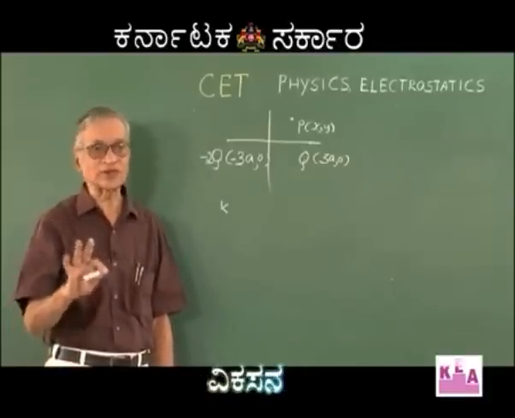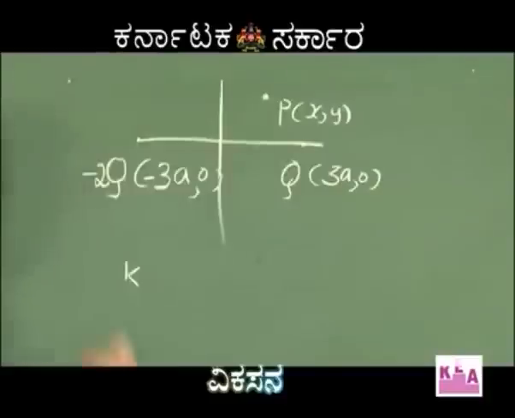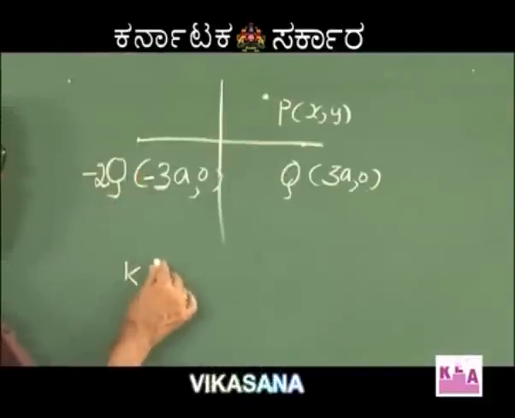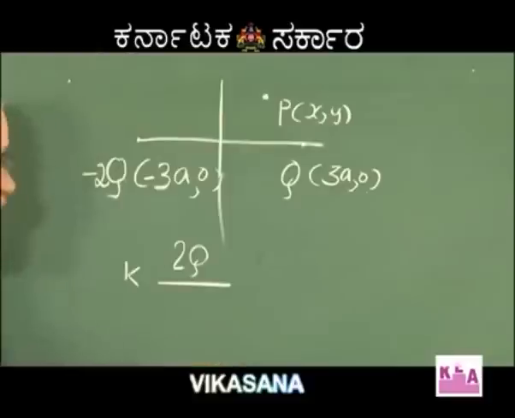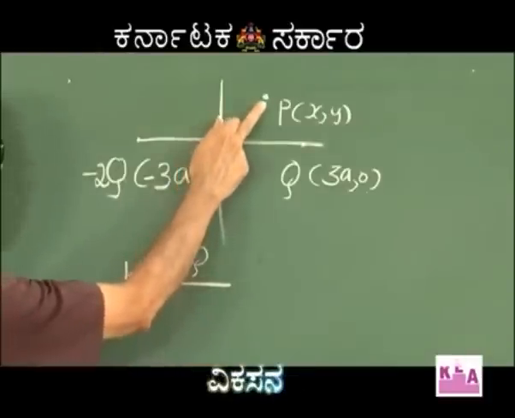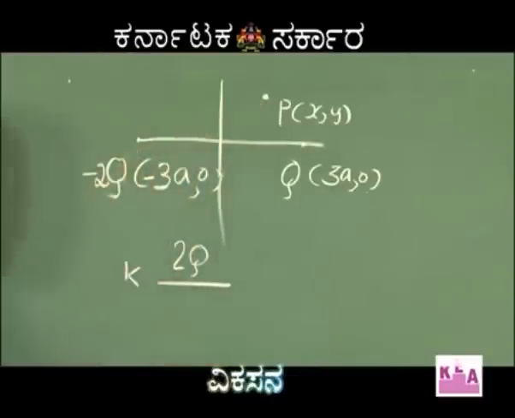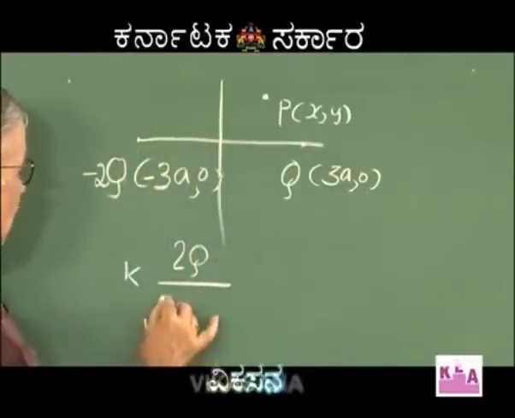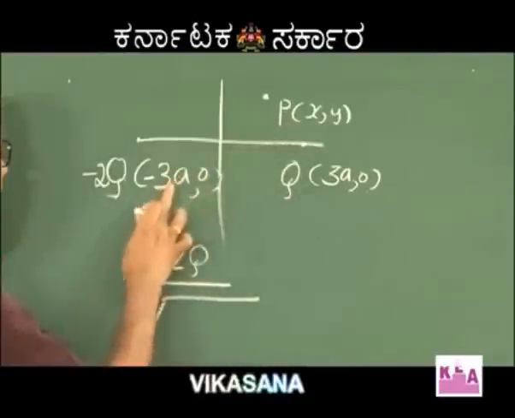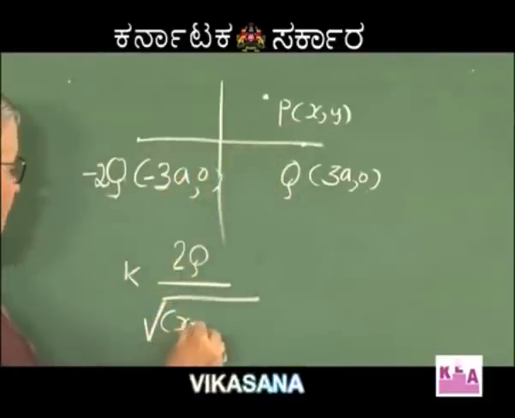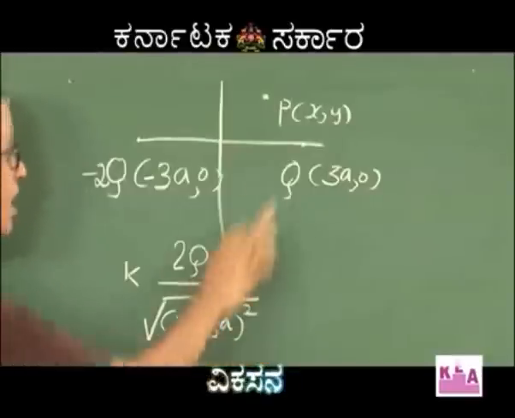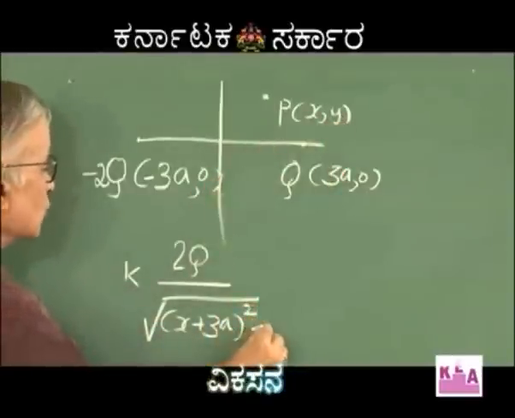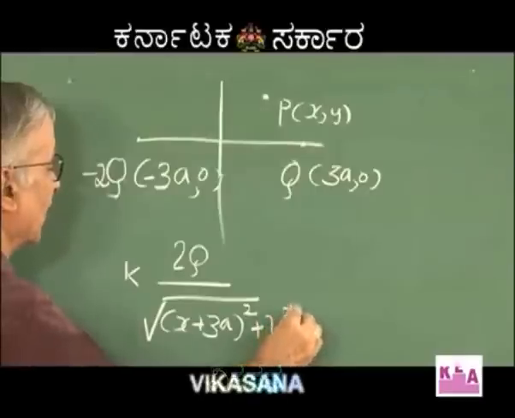Capital K stands for the dielectric constant. K into Q by R, charge is 2Q divided by R. R is the distance between the points P and this charge. This is equal to under root of x plus 3a whole square plus y square.